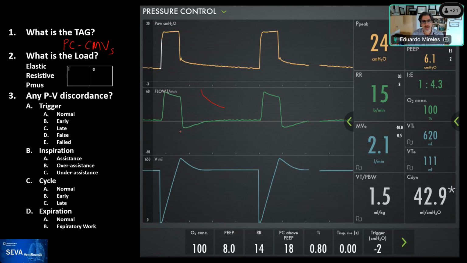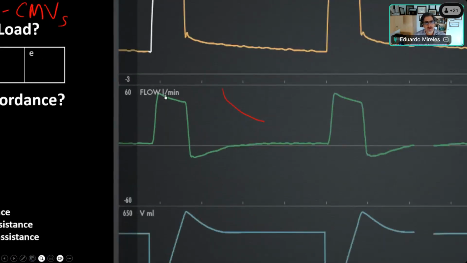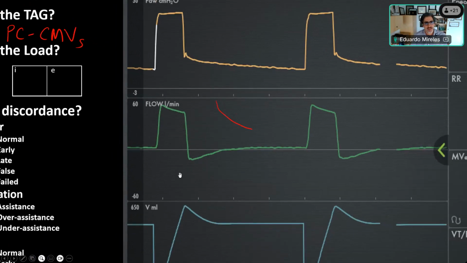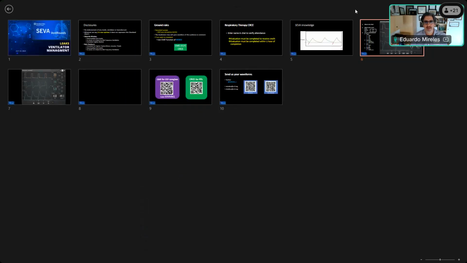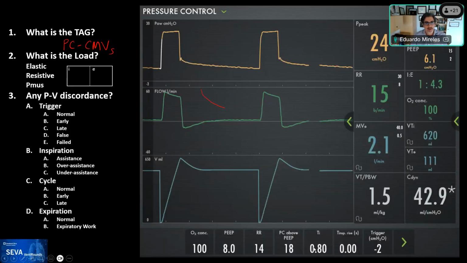You see how it goes down, and I'm going to make it bigger for a second so that you can take a look. But you can perhaps see a little bit of that exponential decay, but it really takes a long time. The inspiratory time that Ariel had placed on this patient was around 0.8, almost a second, and it didn't reach the baseline.